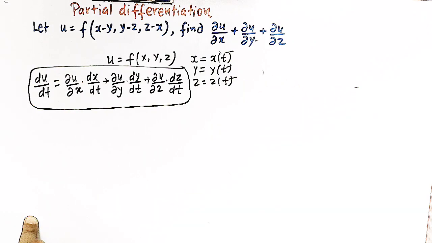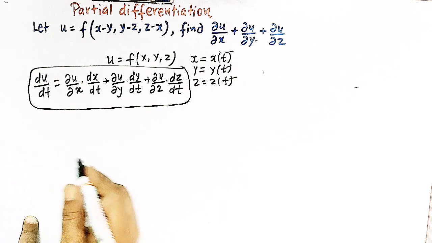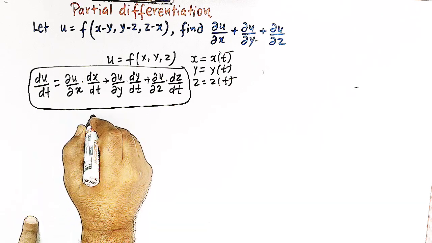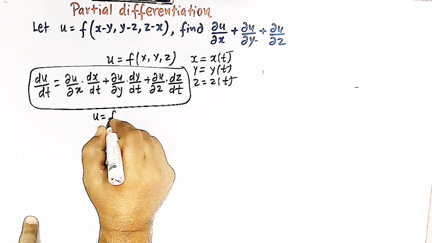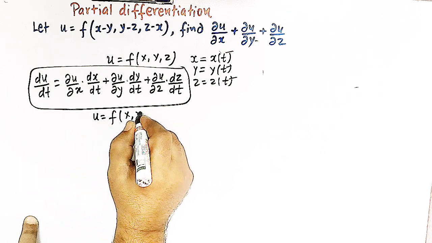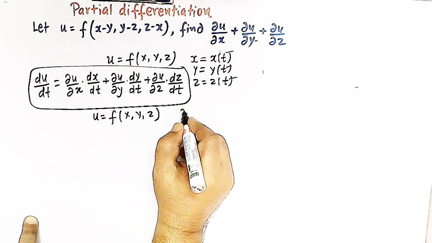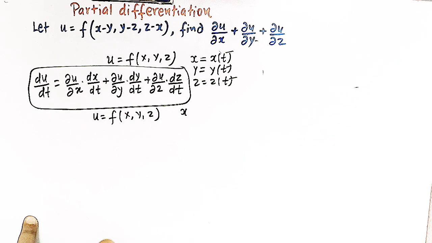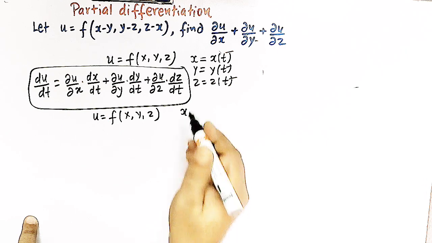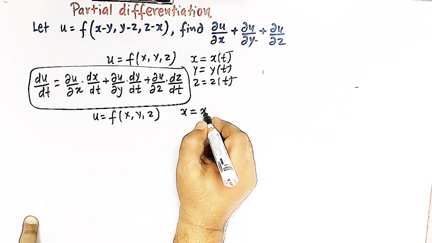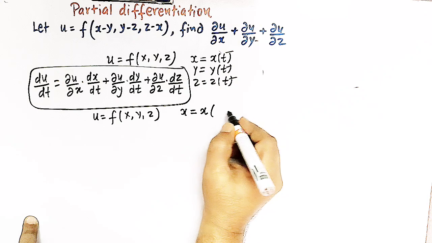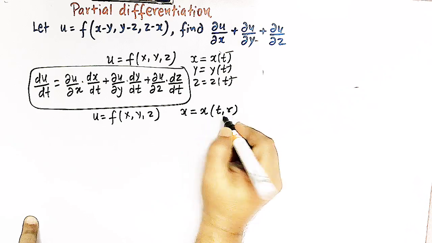Now let us consider the case where we are given a function, say u, which is a function of x, y, and z, and these x, y, z are functions of two variables. For example, here we can take x as a function of, say, t and r, right?